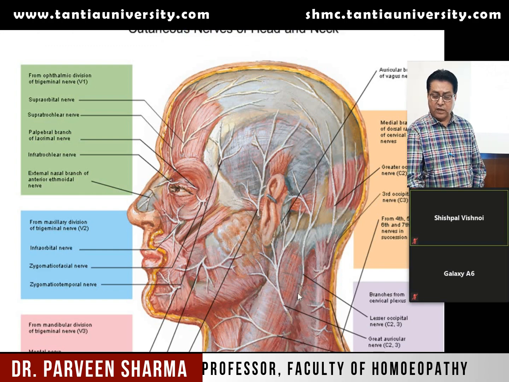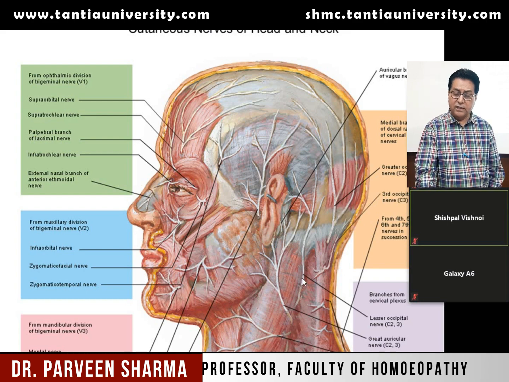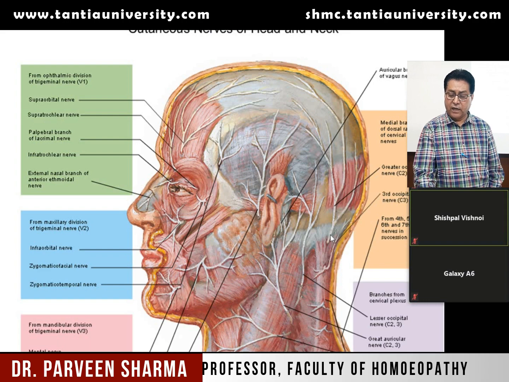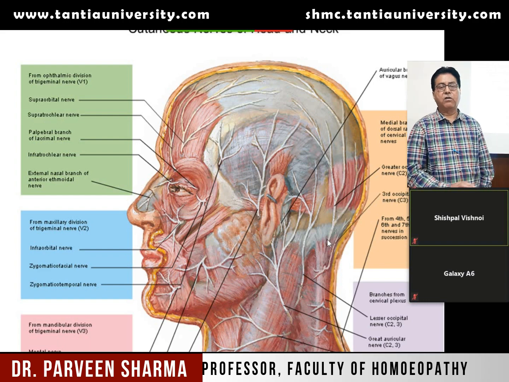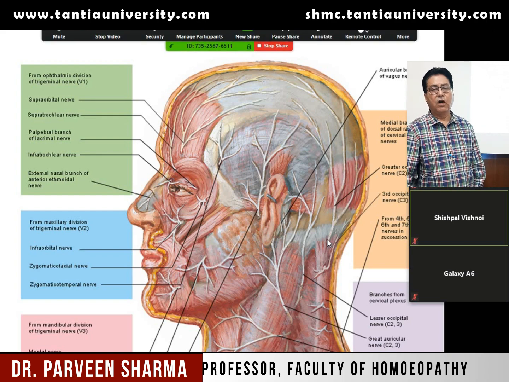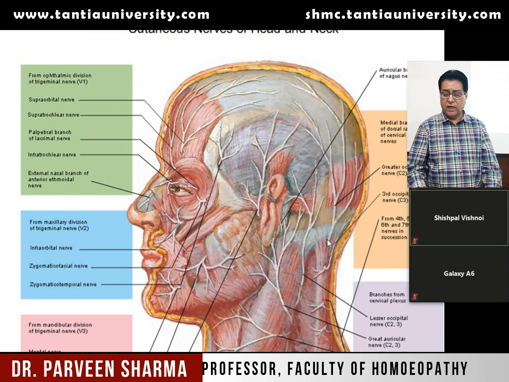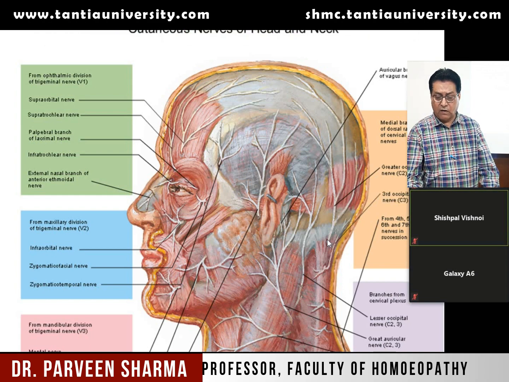Then the nerve which runs along the posterior border of the sternocleidomastoid is the lesser occipital nerve. The nerve which lies in the middle here is the third occipital nerve. And the thickest one, which pierces through the trapezius, is the greater occipital nerve. So these four are sensory nerves of the scalp. That is about the nerve supply of the scalp.